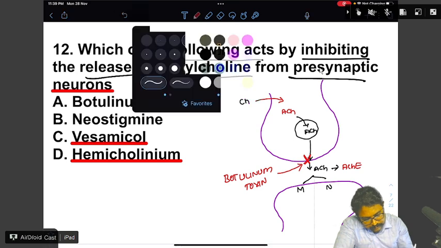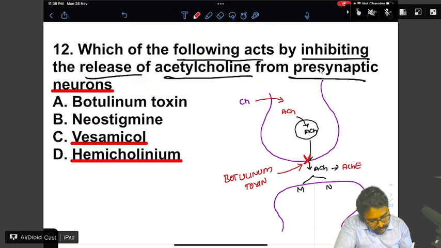So this is the site. Let us mark it as site A. And here the choline intake will also be suppressed with the help of which drug? It is hemicholinium.